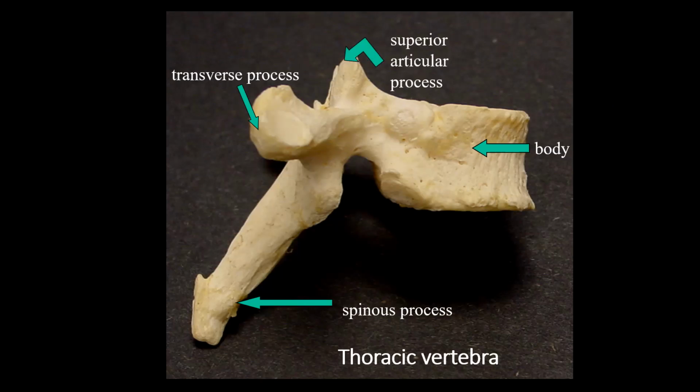This surface here is called the superior articular surface. Anytime you have a superior, you have to have an inferior. You describe a superior surface, you have to have an inferior surface.